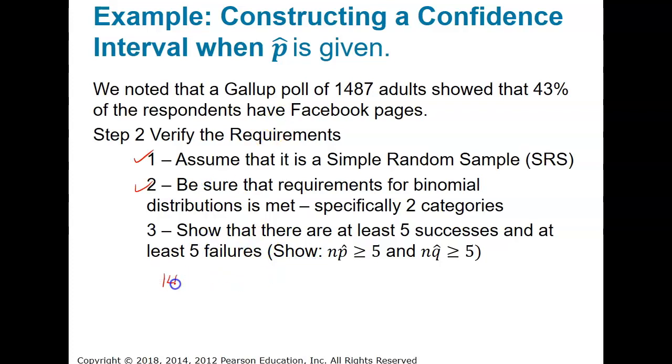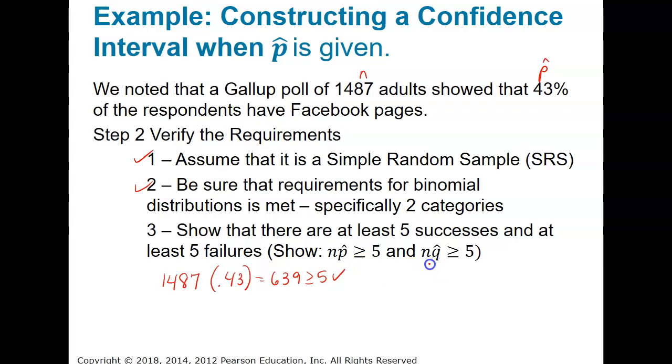So my n was 1487 and this is my p hat. So I'll multiply 1487 times 0.43. That gives me 639, and that's definitely greater than or equal to 5.